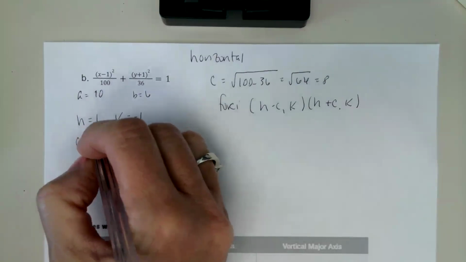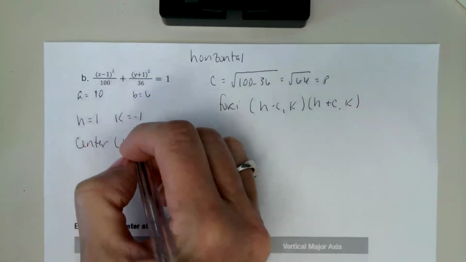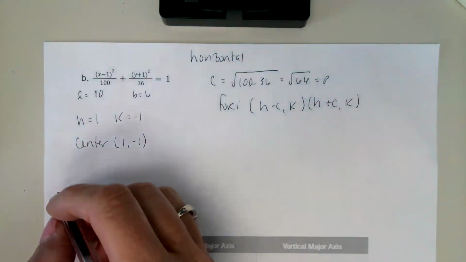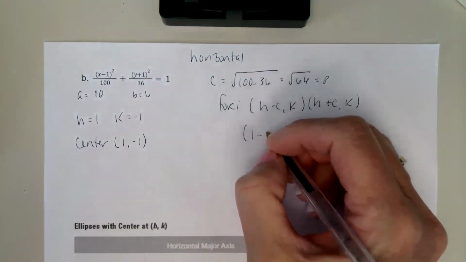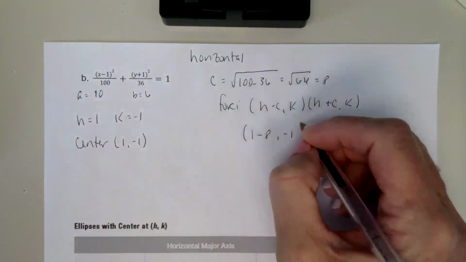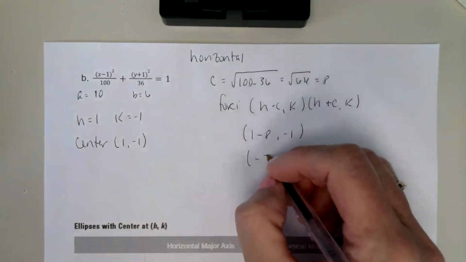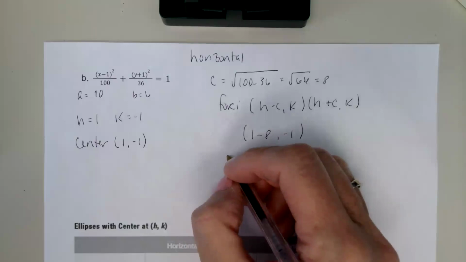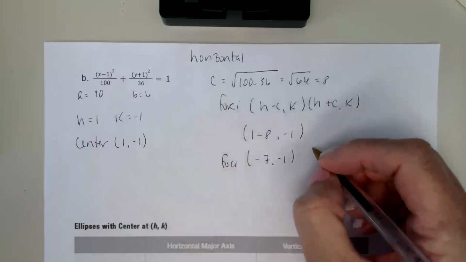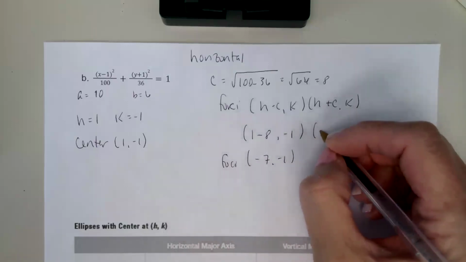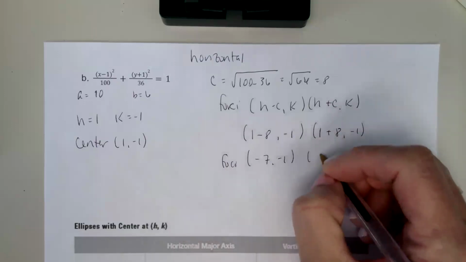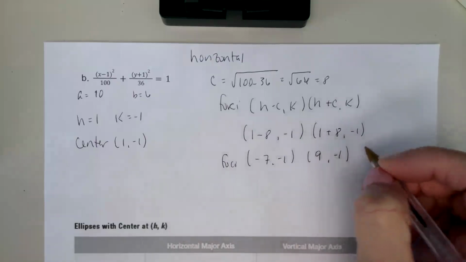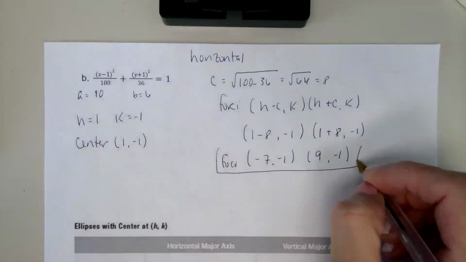So that's our center. And so we have 1 minus 8 comma negative 1. So that focus is at (negative 7, negative 1). And then the other one is 1 plus 8 comma negative 1. So the other one is (9, negative 1). Those are the foci.